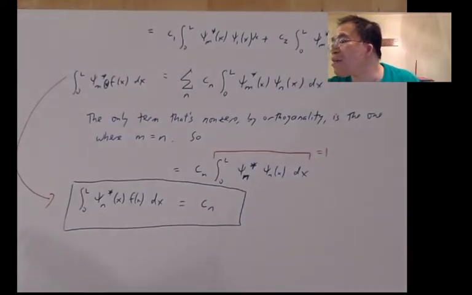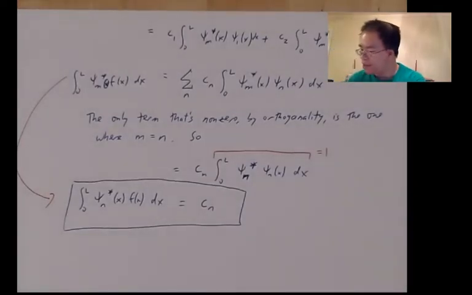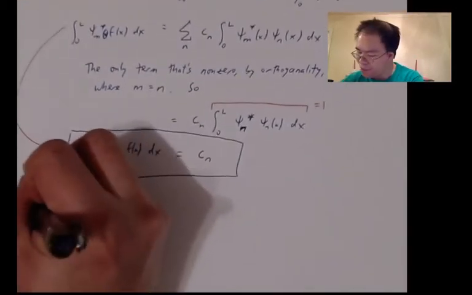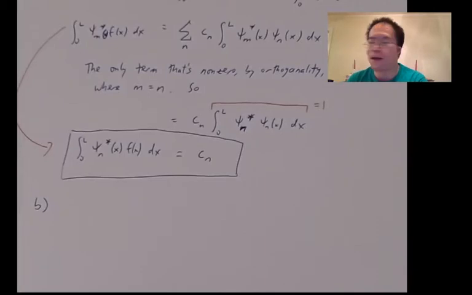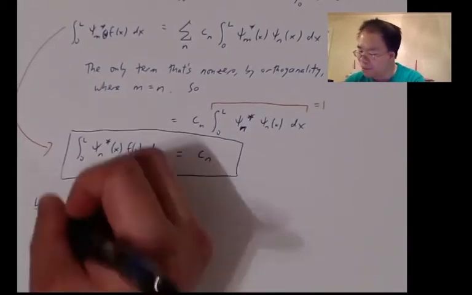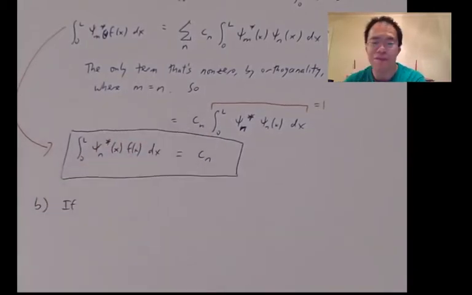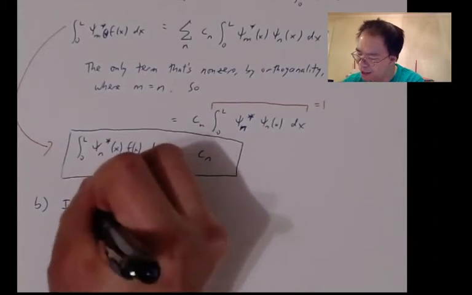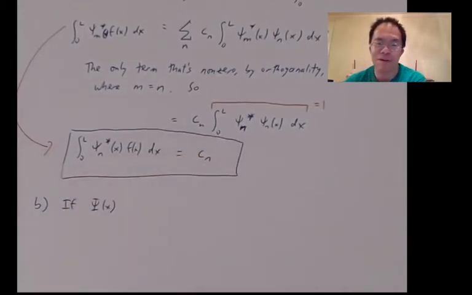So argument B, let's turn to that next. Argument B is for some arbitrary wave function, let me write this as capital psi of x.